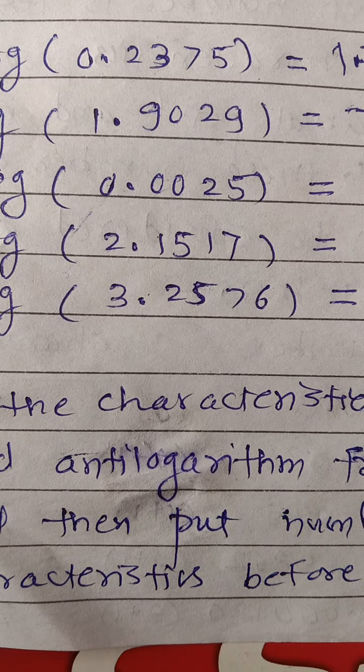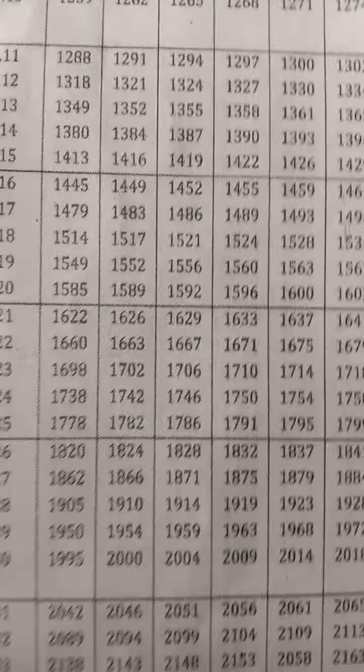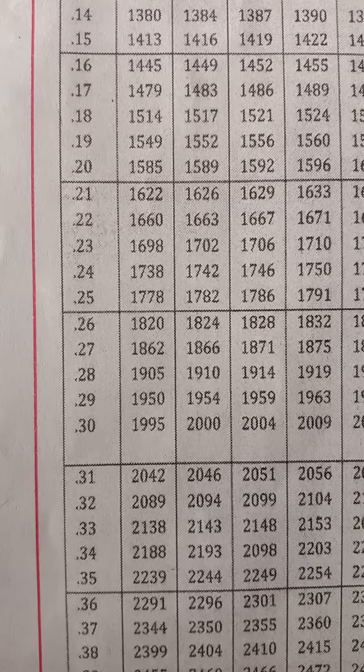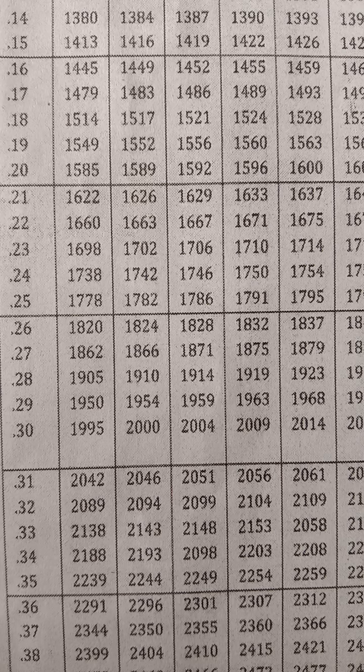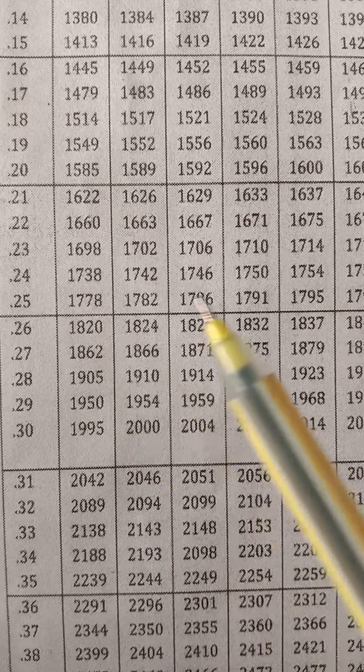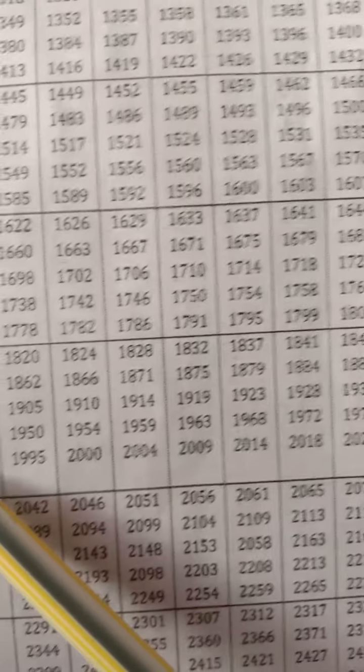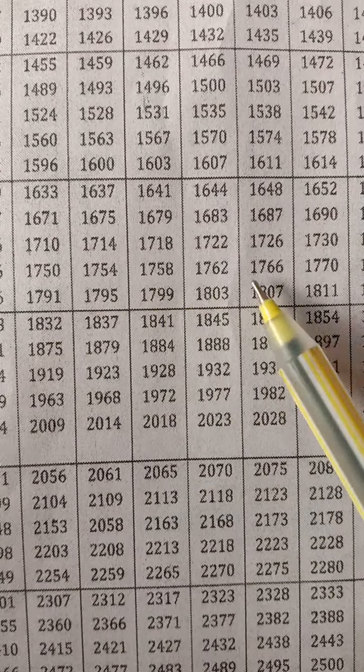Then we will proceed further for 3.2576. So for 0.25 we will have to find it, and then 7 and 6. So here 0, 1, 2, 3, 4, 5, 6, 7.